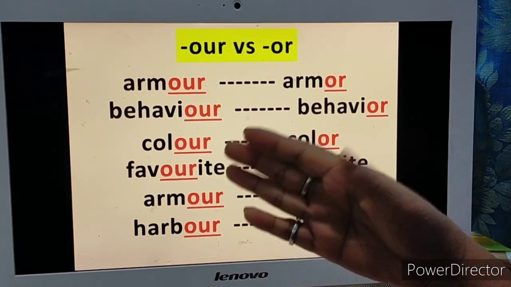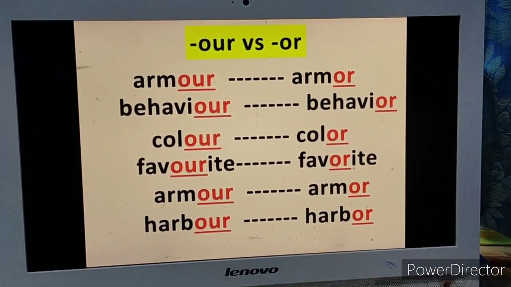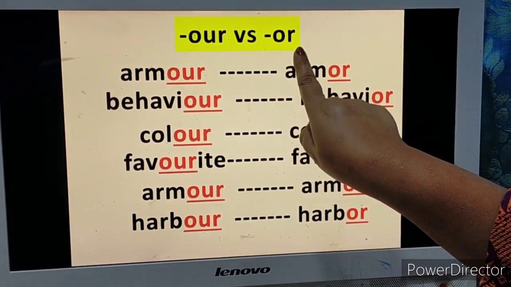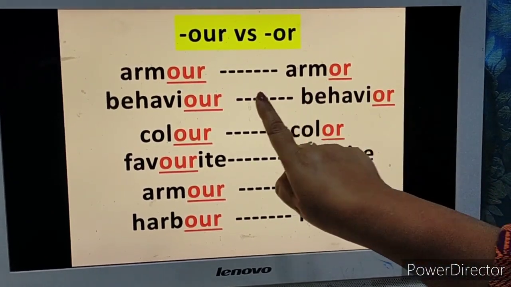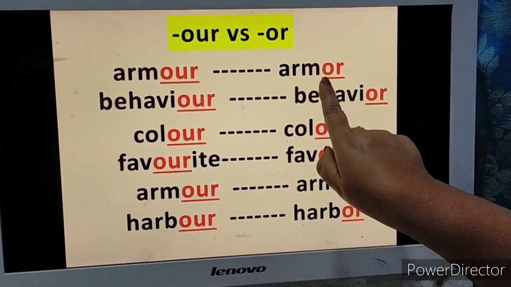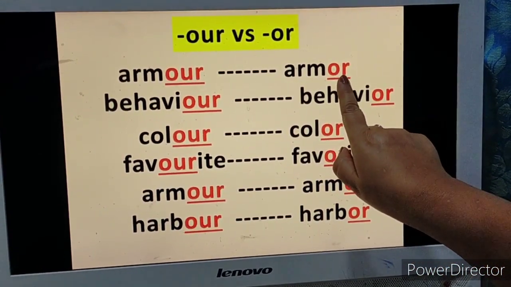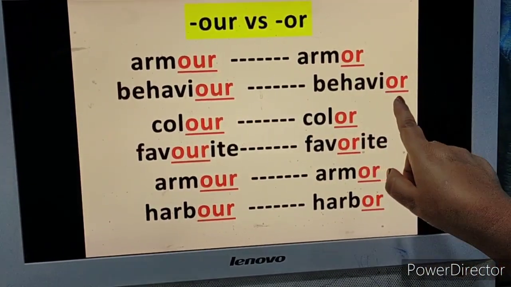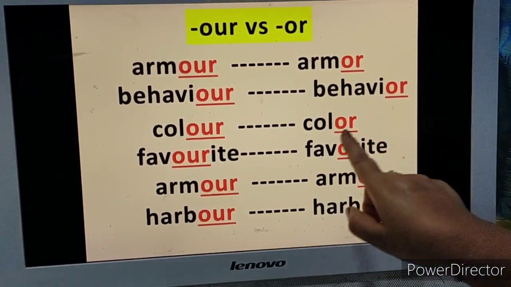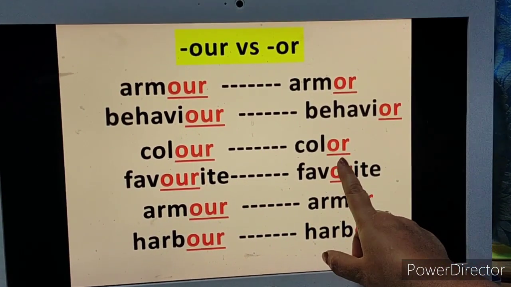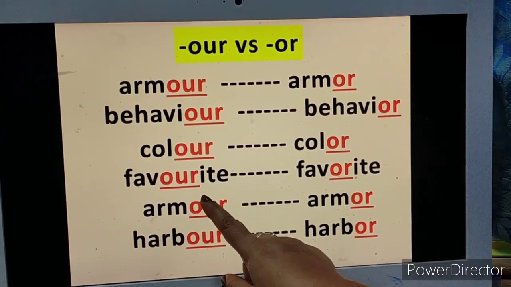So for instance, the first rule is that all the British English OUR changes over to OR. For the word armour, OUR becomes armor in American without the U there. Similarly, behaviour becomes behavior without the U. Colour becomes OR, color in American.